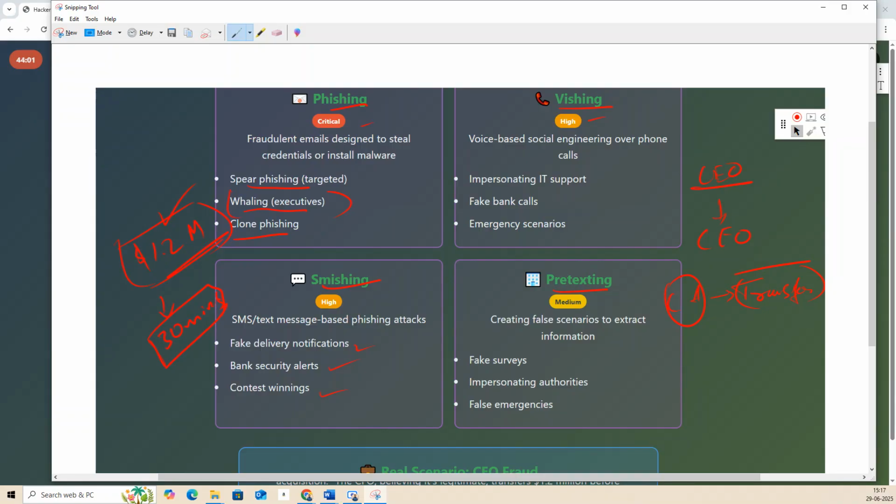Here's what made this attack so effective. The attackers had done their homework. They knew the CEO was traveling that week, information they found in his LinkedIn post. They knew the company had been discussing potential acquisitions, mentioned in the latest earnings calls. They knew the CFO's communication style from previous public emails.